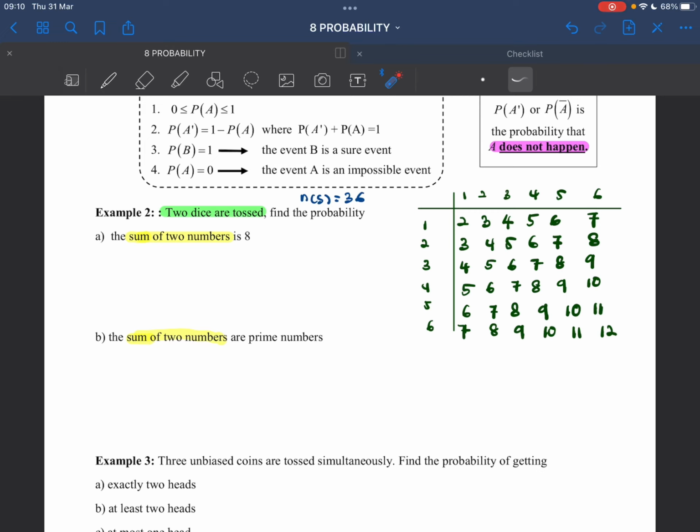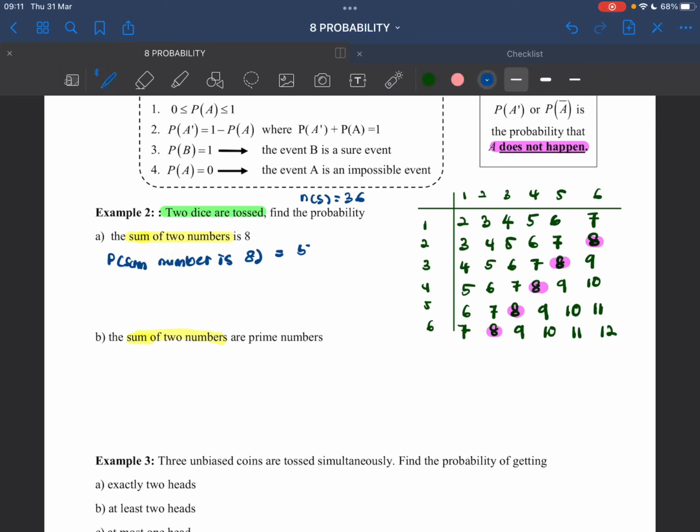So let's go to the first question. The sum of the two numbers is 8. How many 8s do we have here? 1, 2, 3, 4, 5. So 5 is your N(A), where A is the event that the sum of two numbers is 8.